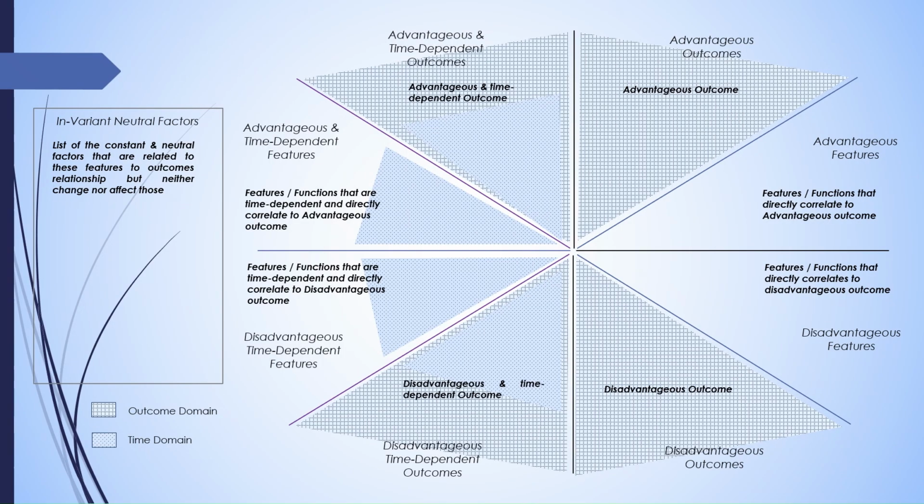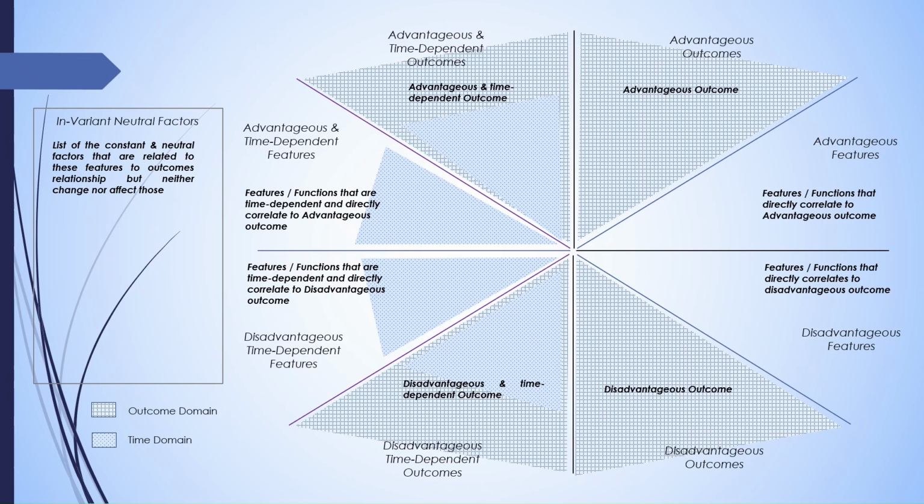Now shift your attention to the left-hand side of the construct. All 4 areas here belong to the time domain. These are used when features or outcomes vary with time. The two areas adjacent to the x-axis represent time-dependent features. Above the x-axis, you plot advantageous time-dependent features, features that improve the situation as they evolve.